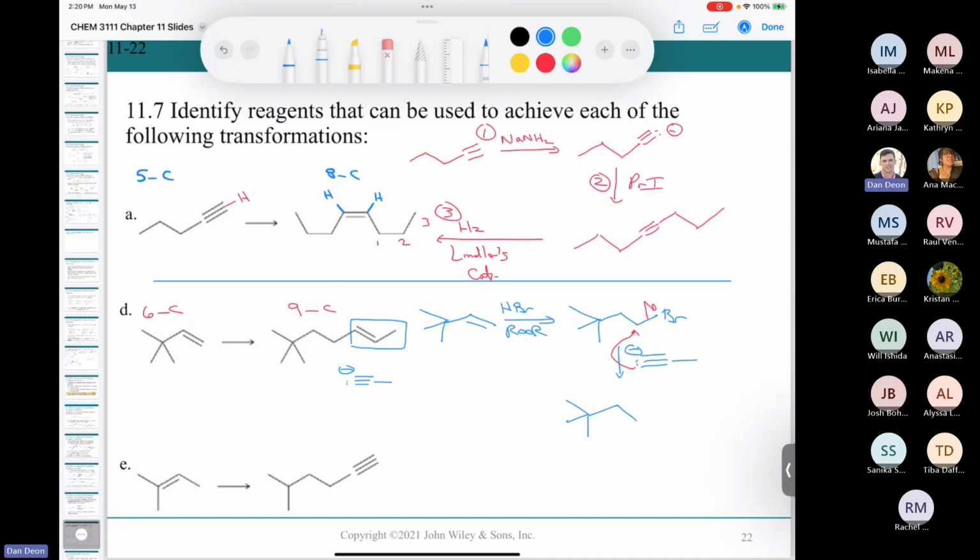So just do 1, 2, there we go. 1, 2, 3. Not my best artwork. Let me fix that a little bit. I don't want this on the internet. There we go. That's a little bit better. And then to reduce it to the trans alkene, we're going to use sodium metal reduction in liquid ammonia. So again, that's another 3 step synthesis.